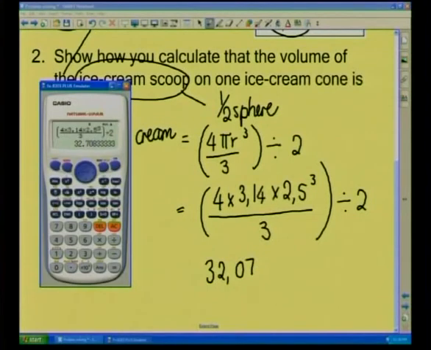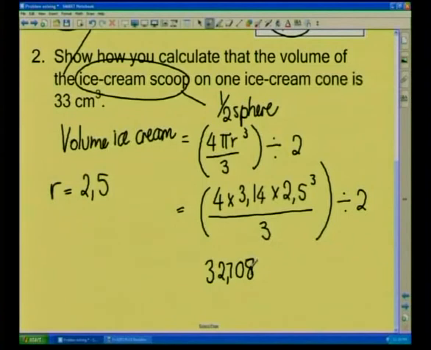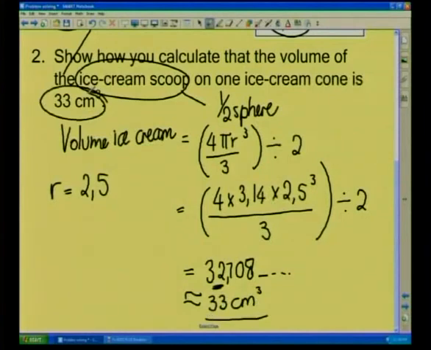Let me just check that. 708. And it carries on. And if we had to round it to our nearest whole centimetre cubed, it would be 33 centimetres cubed, which is what they wanted us to prove in the first place.